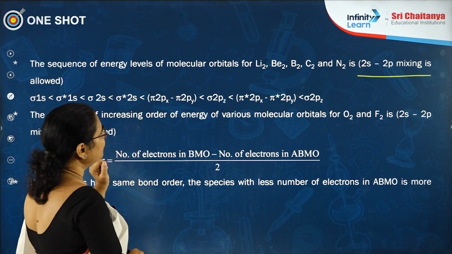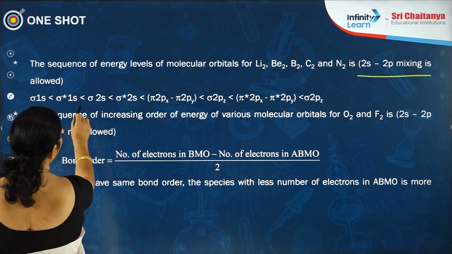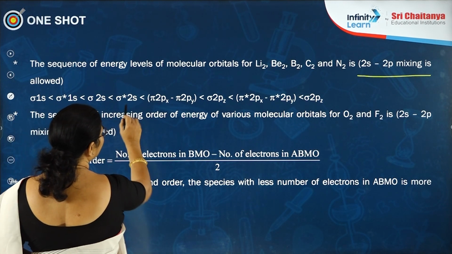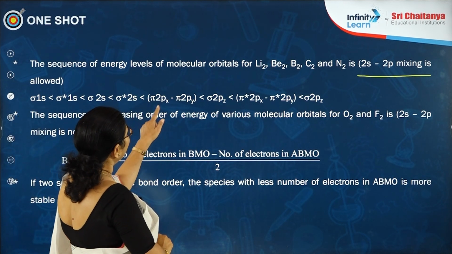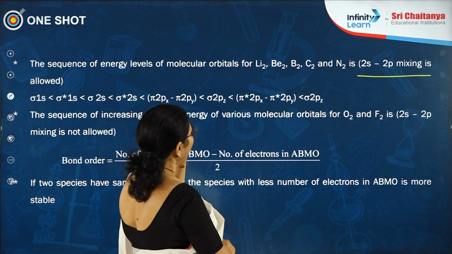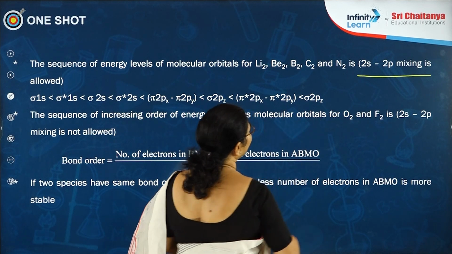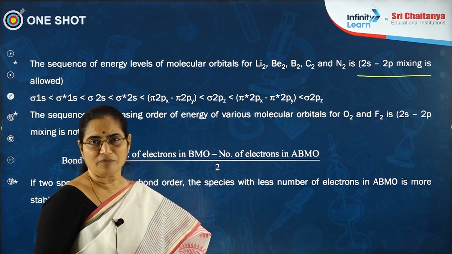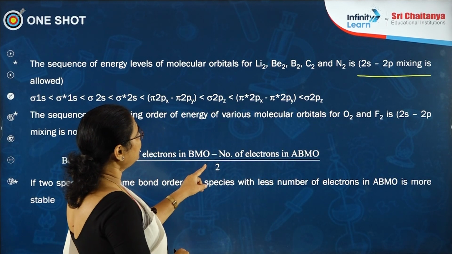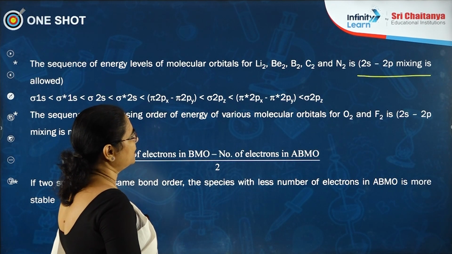Whenever 2s 2p mixing takes place, we follow the order sigma 1s2, sigma star 1s2, sigma 2s2, sigma star 2s2, pi 2px2, pi 2py2, sigma 2pz2. After that pi star 2px, pi star 2py, sigma star 2pz. This is the order to be followed up to nitrogen, where 2s 2p mixing takes place.